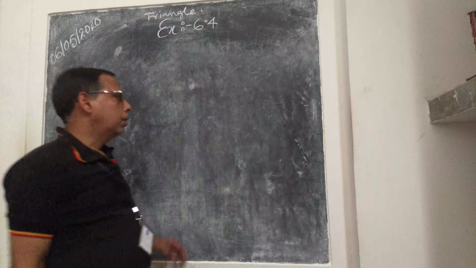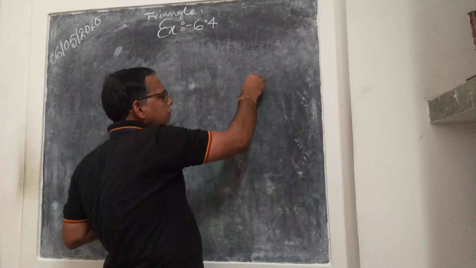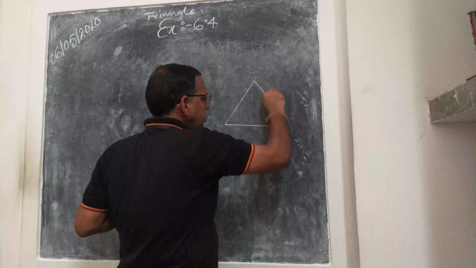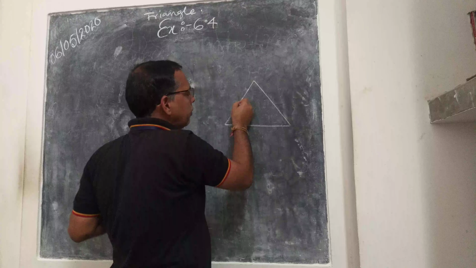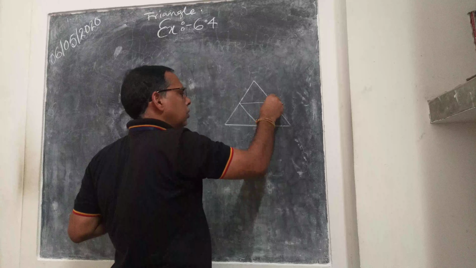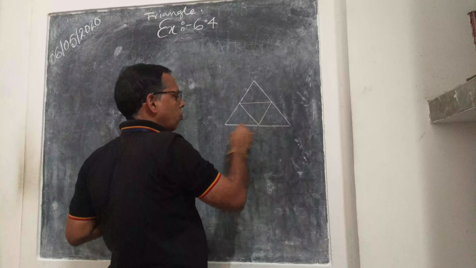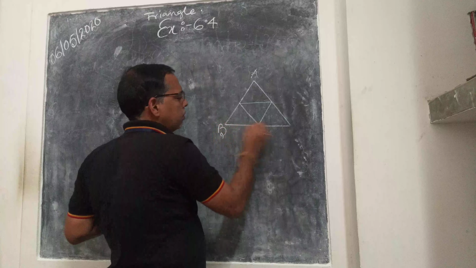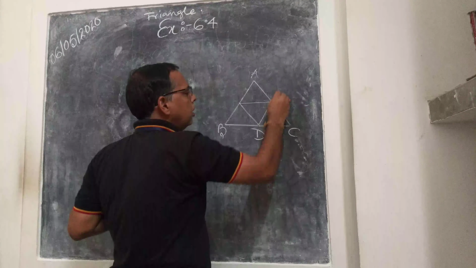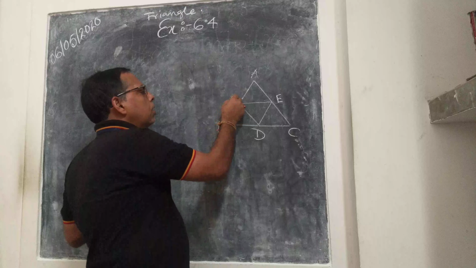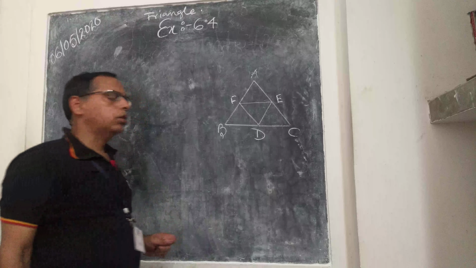So in question number 5, it is given that ABC is a triangle, and D, E, F are the midpoints.